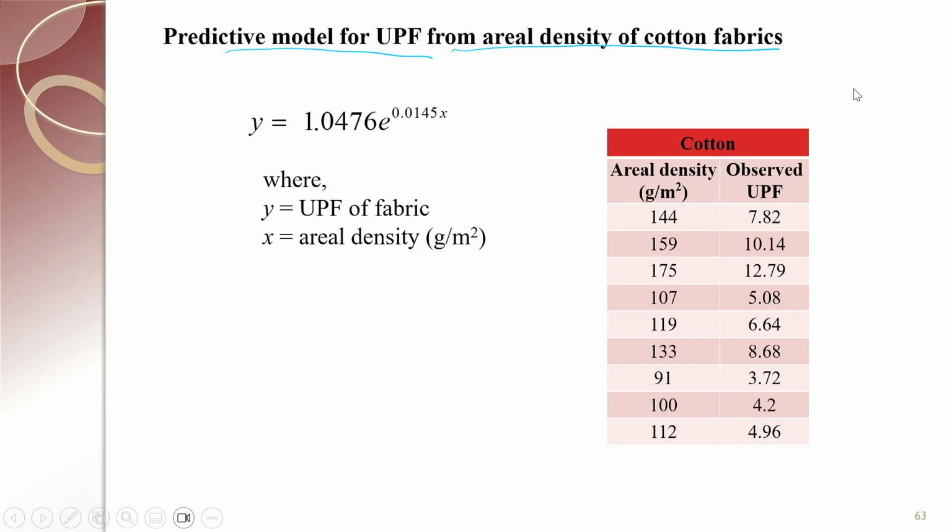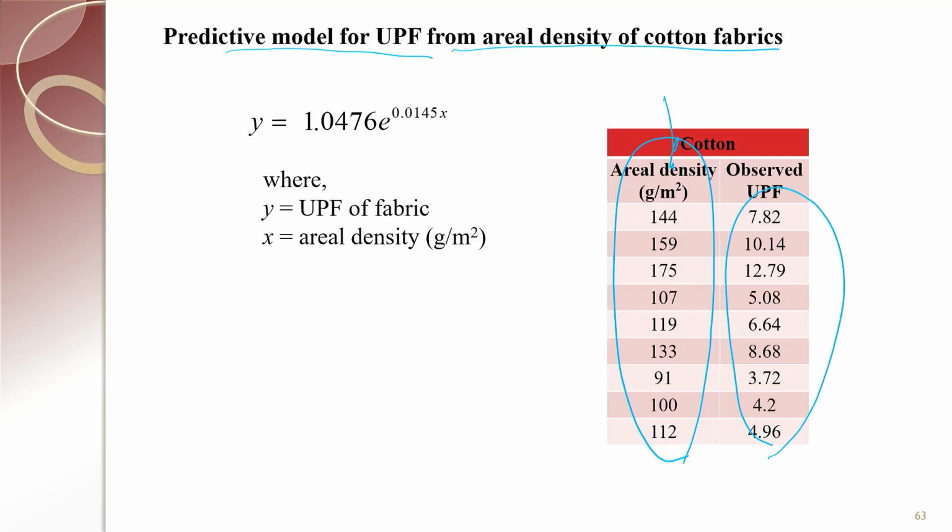This column gives the areal density of cotton fabric at different combinations and the corresponding UPF value, and we have got this equation y equal to 1.0476 e to the power 0.0145x.